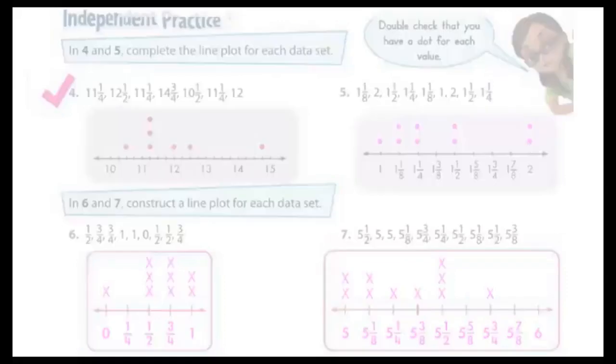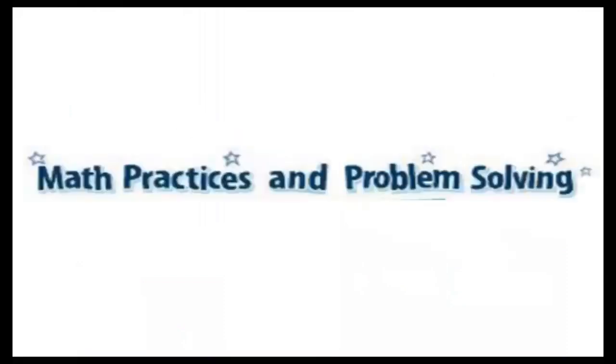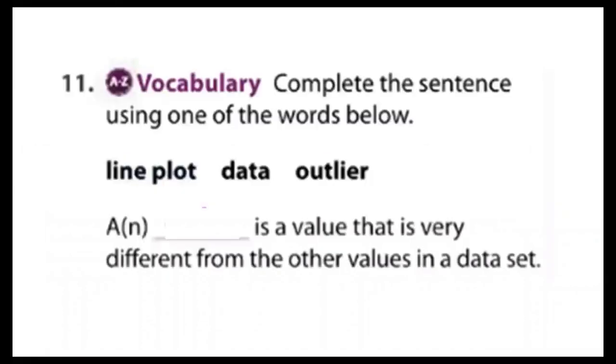So we finish our independent practice and move to math practice and problem solving. Please be ready with me and pay more attention. Here in problem solving, page number 708, question number 11. Read the question carefully and complete the sentence, using one of the words below: line plot, data, outlier.